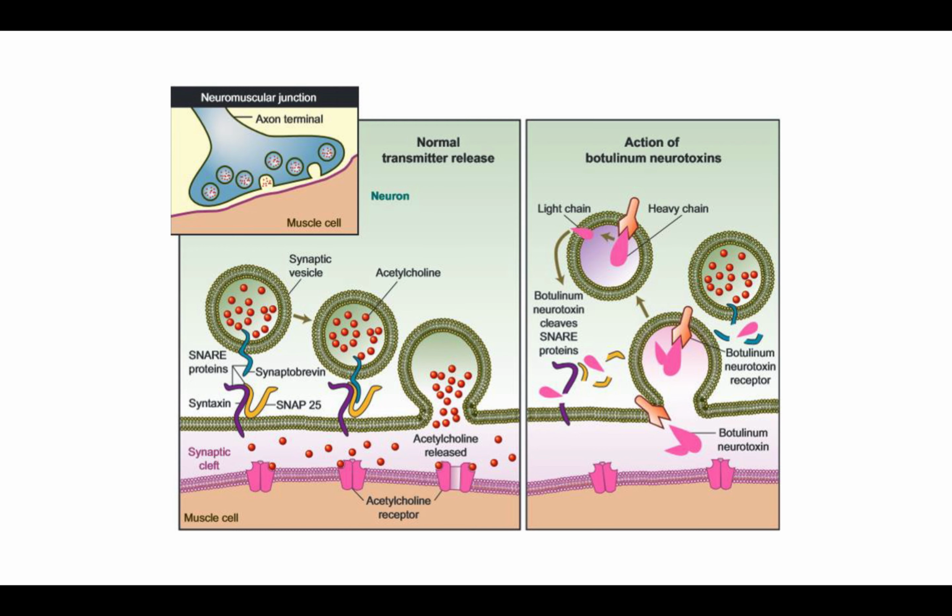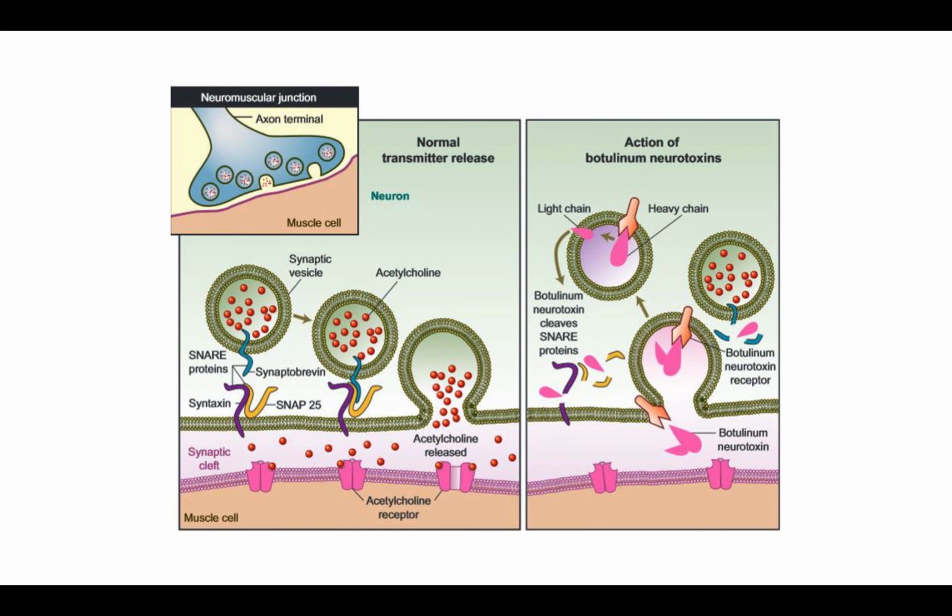Well, you have the SNARE proteins, and the SNARE proteins are in the axon terminal, or I should say, excuse me, in the neuromuscular junction, specifically in the synaptic bulb.